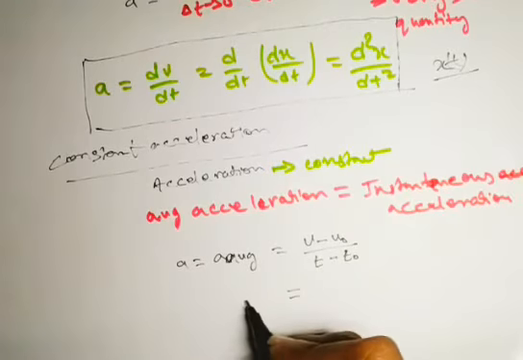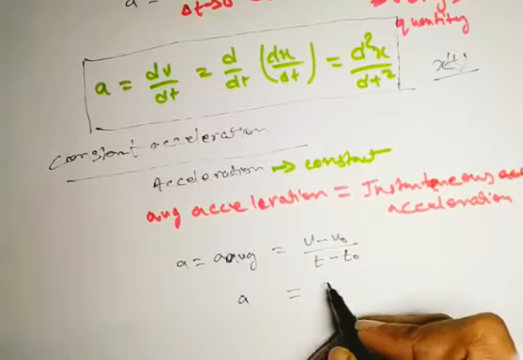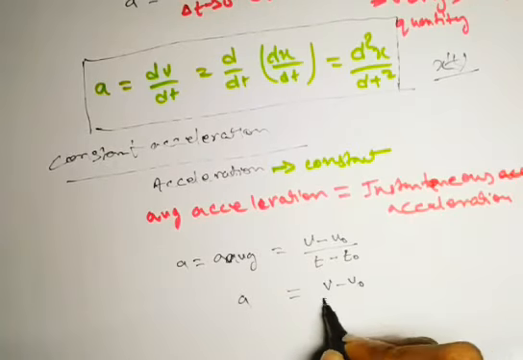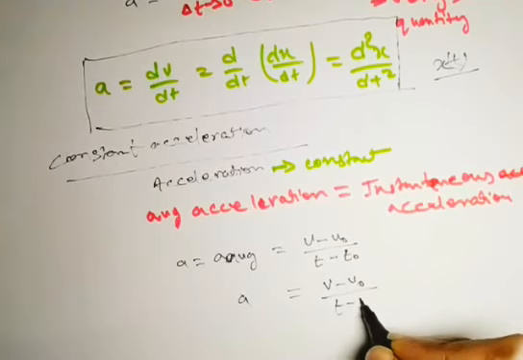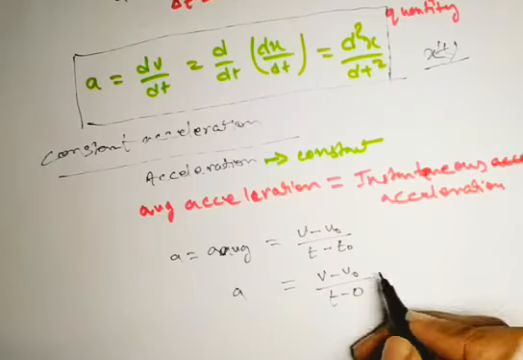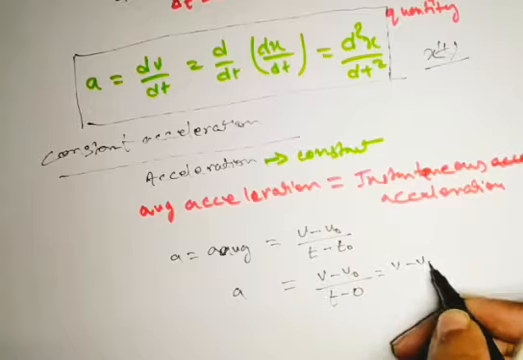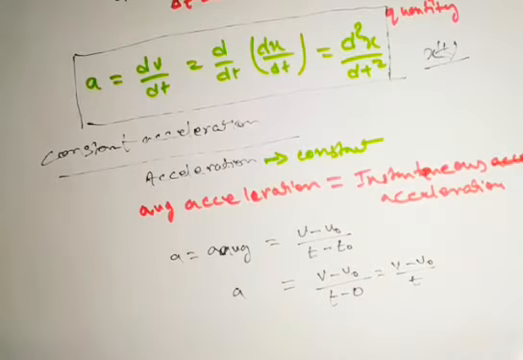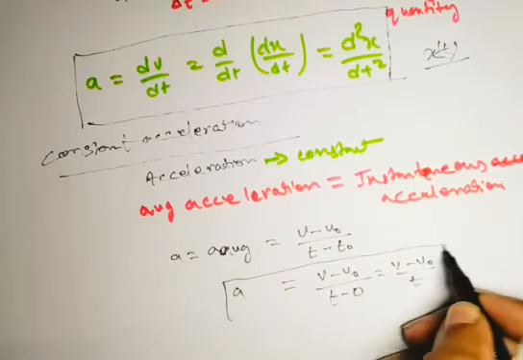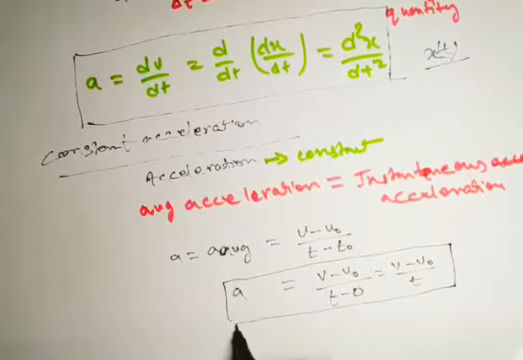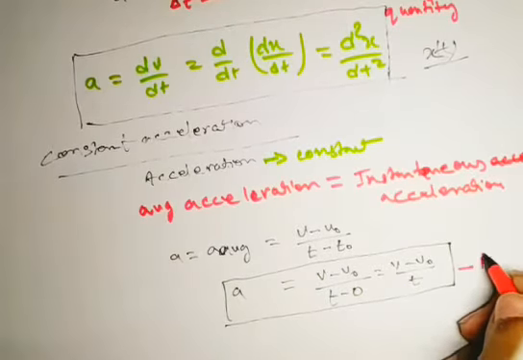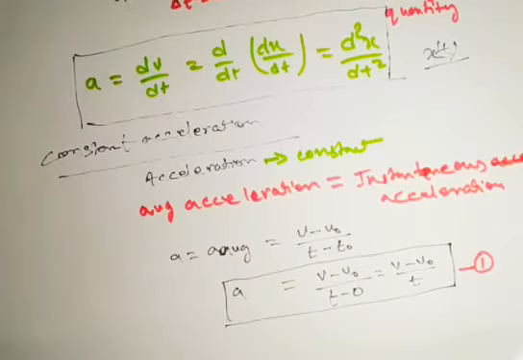Then a will become V minus V naught upon t minus 0, which is also equal to V minus V naught upon t. So let's take it as equation 1.